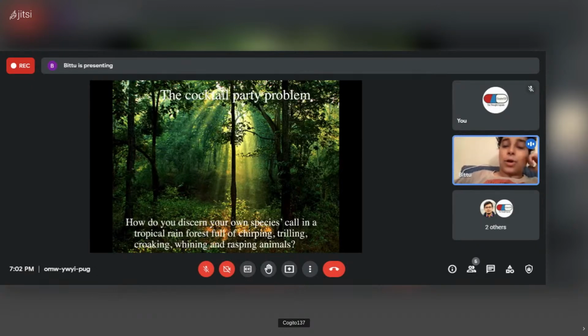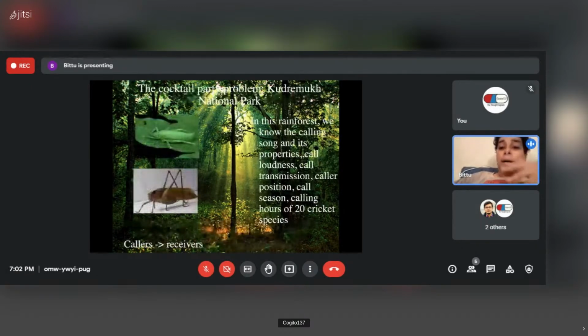But if you are in a tropical jungle, the use of acoustic space is much more contested, and you'll actually have multiple animals calling at the same time, in Kudremukh National Park, for example, where Rohini Balakrishnan has worked for several, I would say, decades by now. They have a really, really nice, clean understanding of all of the acoustic callers in a forest, and they have a full understanding of all of the ecological pressures at work on these crickets, including the pressures of sharing an acoustic space.